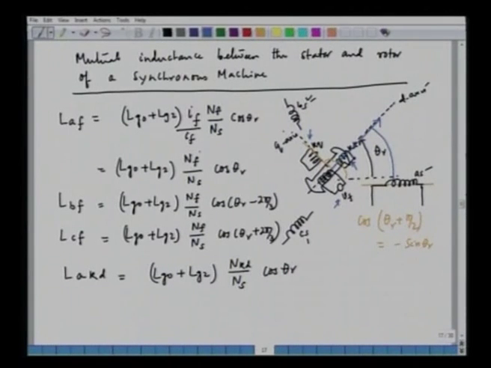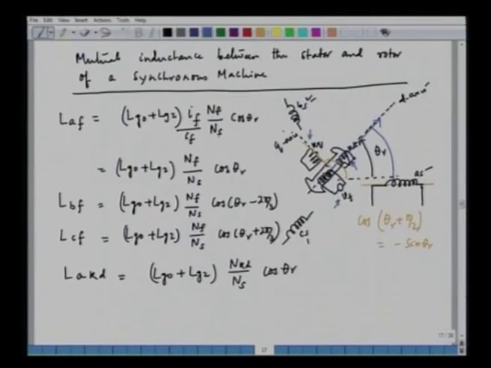Since Lg0 plus Lg2, this expression we have already seen in the last lecture, is referred from the primary side, we have to multiply by a suitable number of turns, and the ratio is NF by NS. And if we simplify, it is (Lg0 plus Lg2) into NF by NS into cos of theta r, that is LAF, the inductance between phase A of the stator and the field winding.